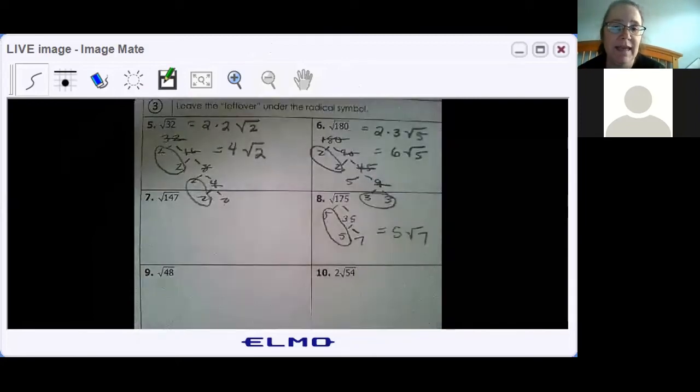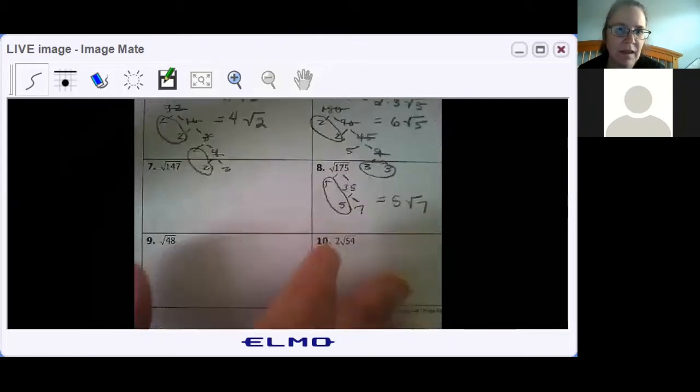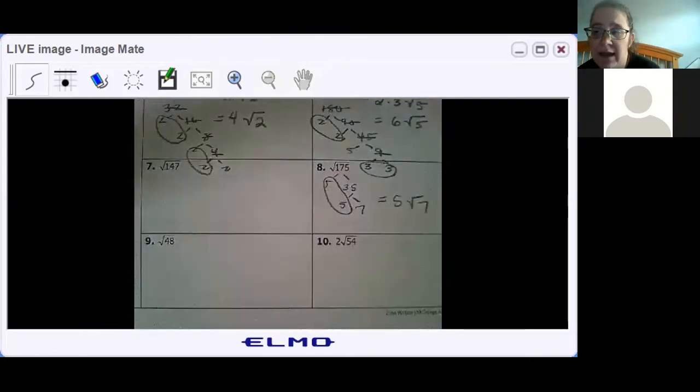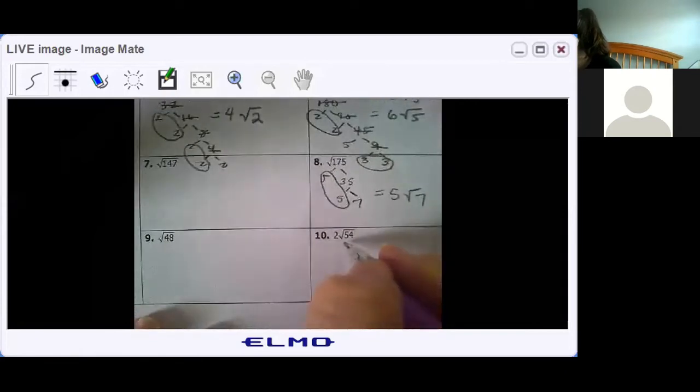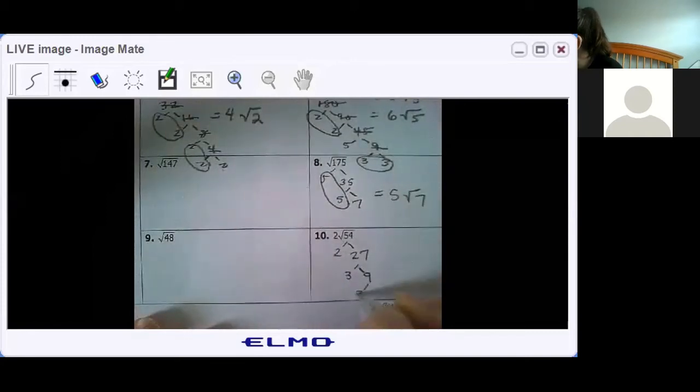Now, if we look at number 10, we're working with the same principle. We have to do the square root first and then put some stuff together. So if I'm taking the square root of 54, 2 goes into 54 27 times, and 27 is 3 times 9, and 9 is 3 times 3. So this one set of 3's will come out.